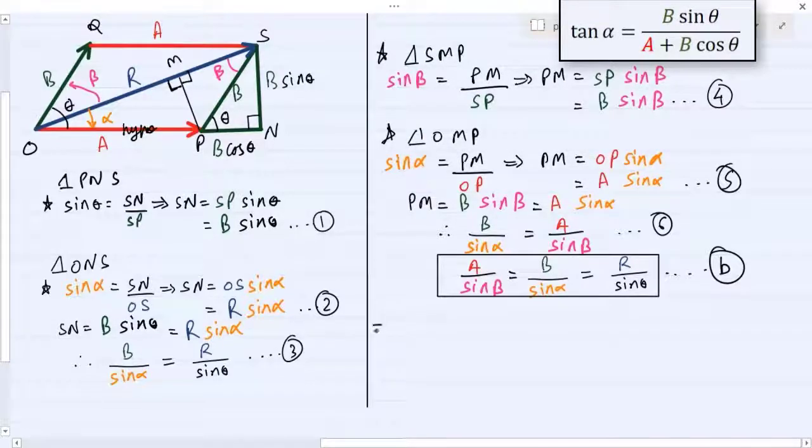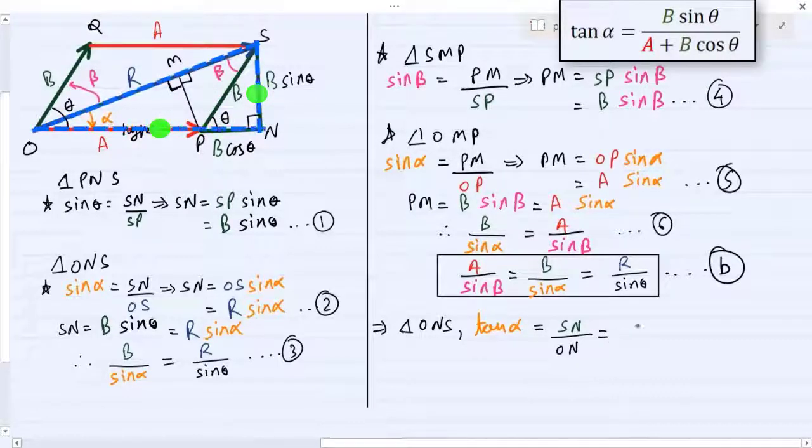Now it's time for the third and last equation, the tan rule. And to obtain the formula of the tan rule, we are going to use the right angle triangle ONS, and we are going to find tan alpha, which is equal to the opposite edge, or we can say SN, upon the adjacent, or we can say ON.